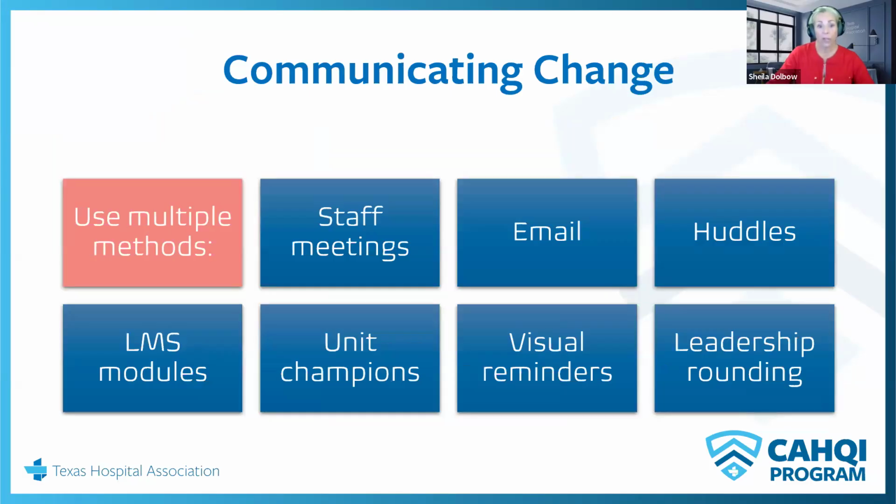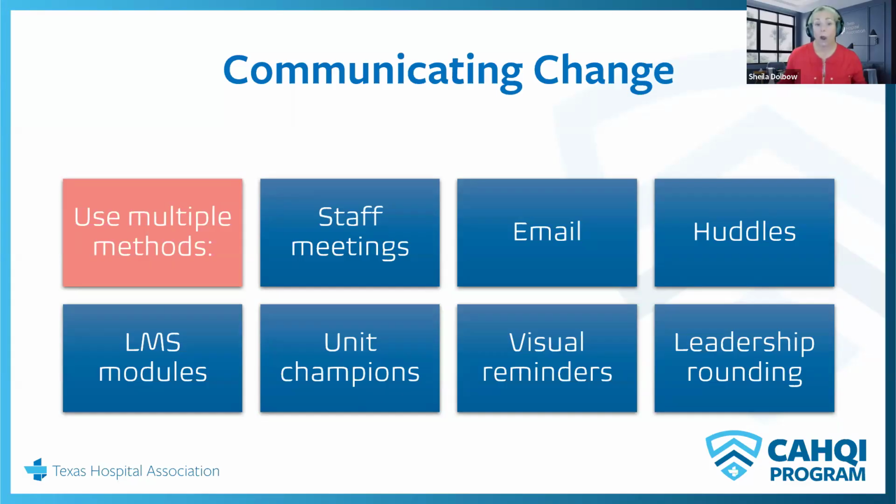When you communicate the change, do not simply use one method to communicate change. We have staff meetings, but how many of the same meeting do you have? Because you have day shift, night shift, but even with the day shift and night shift, everybody's on and off at different times.